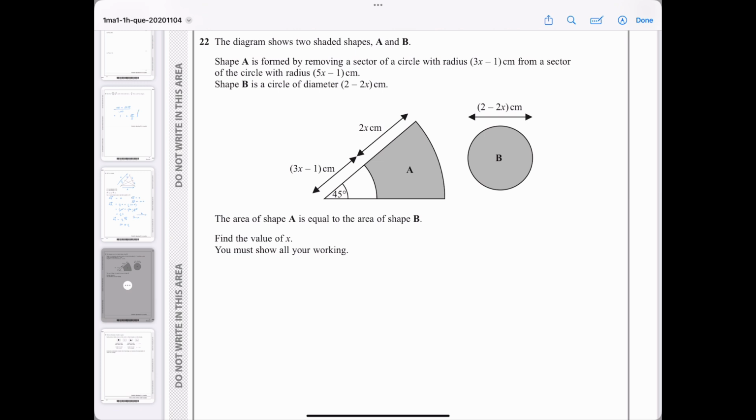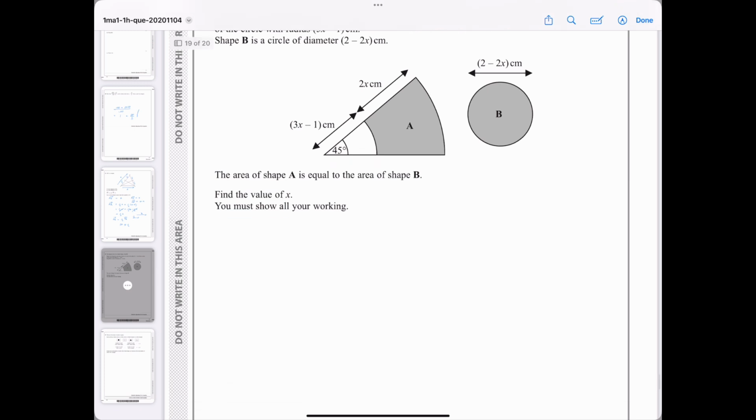Okay, so before I do anything else, I'm going to work out, if I had this whole sector, what would the area be? Then I'm going to take off the middle bit. So for the whole of a circle, you would say 5x minus 1 squared times pi, and it would be 45 over 360, which equals 1/8.